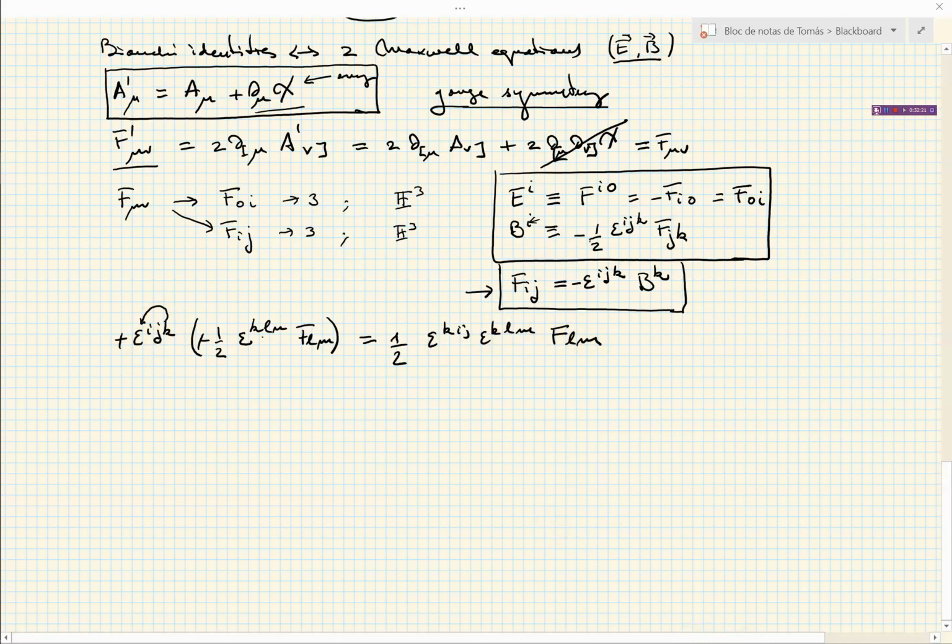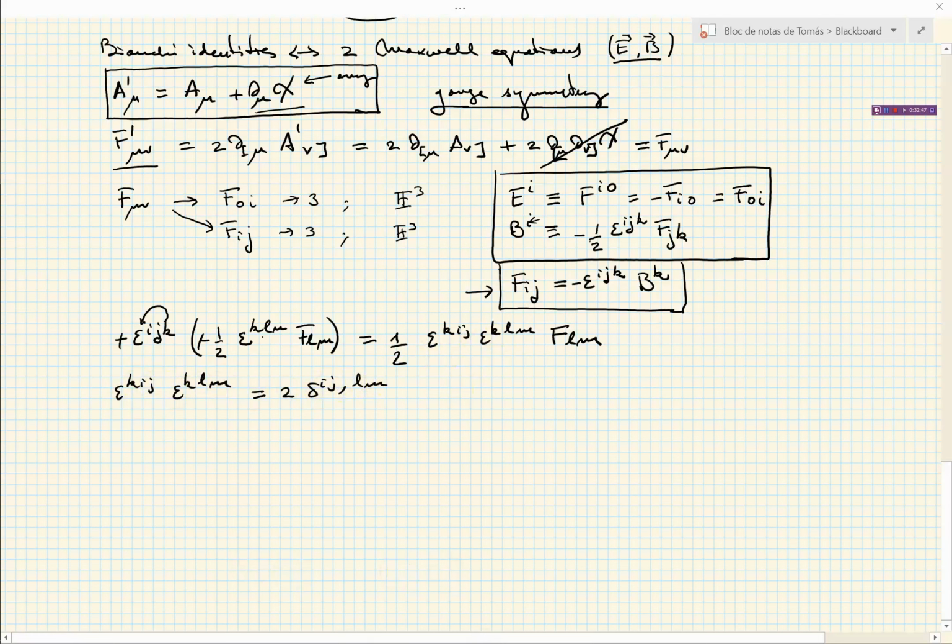times F_lm. Now there is a formula that tells you what happens when you contract these two antisymmetric symbols with one index or two indices. So let me write this formula. Epsilon kij epsilon klm gives you 2 times delta ij comma lm.